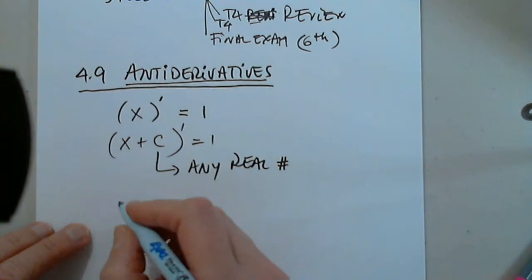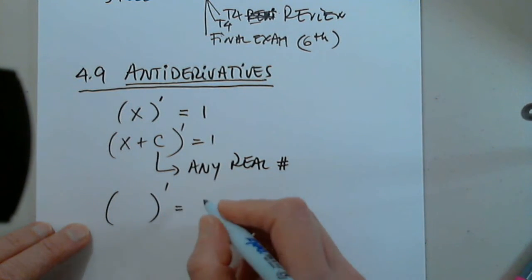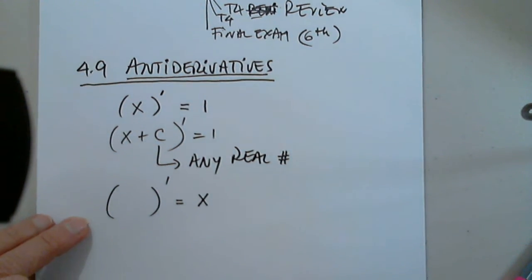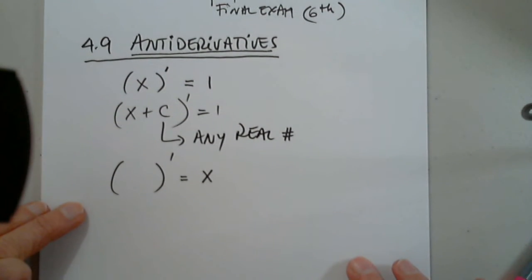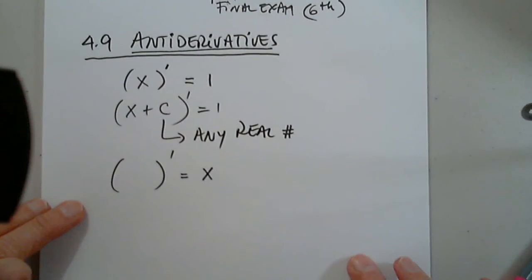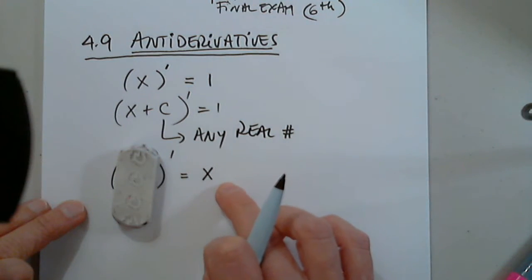Perfect. Now, what if I want to determine the function whose derivative is x? What do you think will fit in here? Don't be afraid to be wrong. It's okay. We're learning this. Which function should I have here to differentiate and get x?